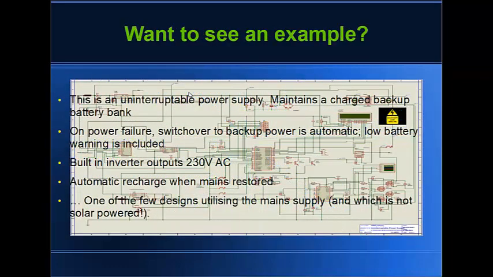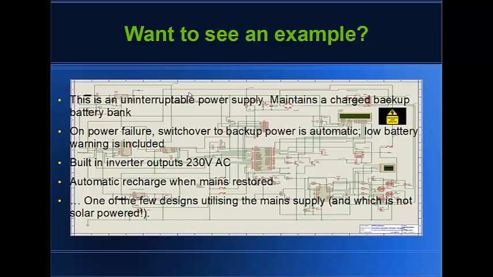Now, this is just a brief example. I won't go into it too much, but this is an example of an uninterruptible power supply. It maintains a charged backup battery bank. On failure of the main supply, switch over to backup power is automatic. A low battery warning is included. This will indicate that you are running on battery power because the main supply has failed.